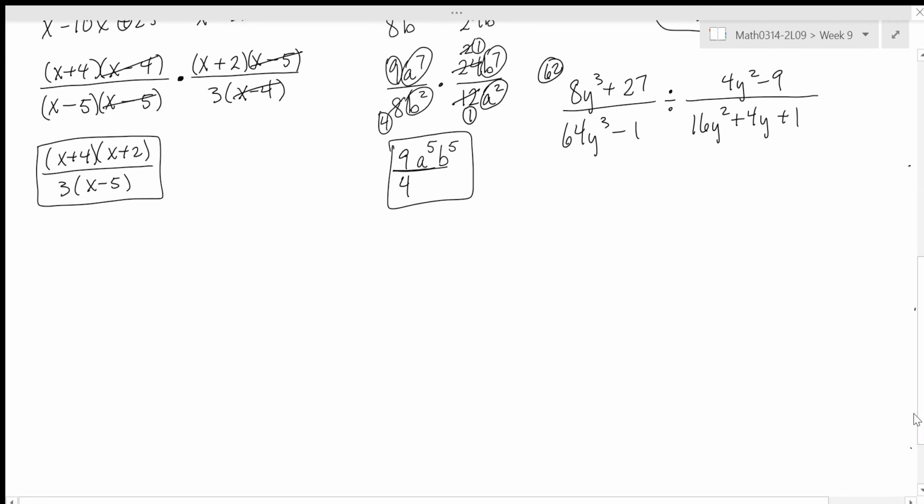How about that? That looks pretty crazy, and it's got some stuff in it that we haven't factored yet today.